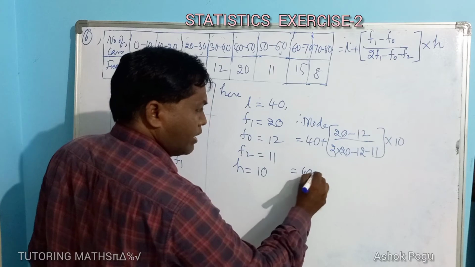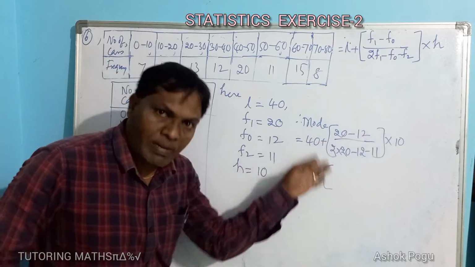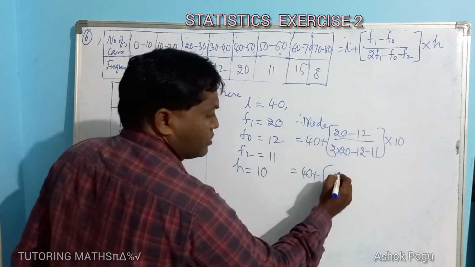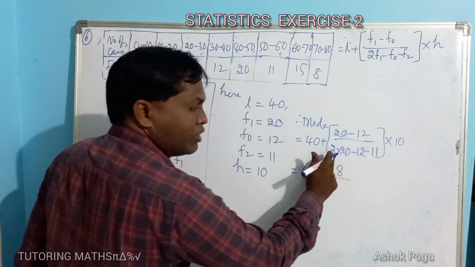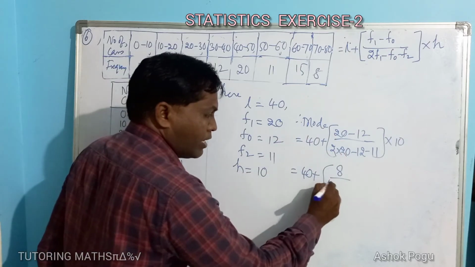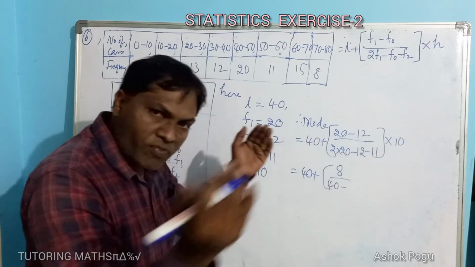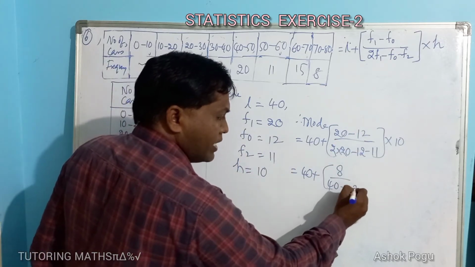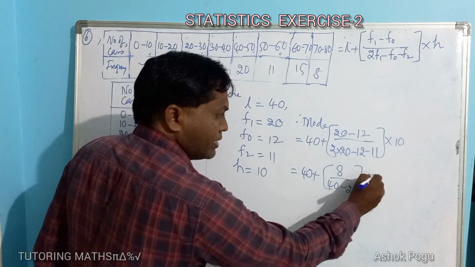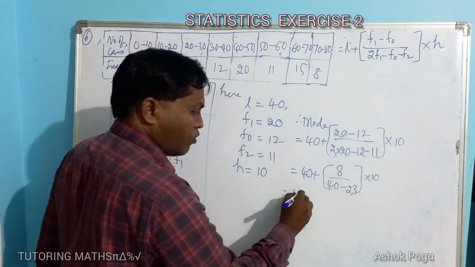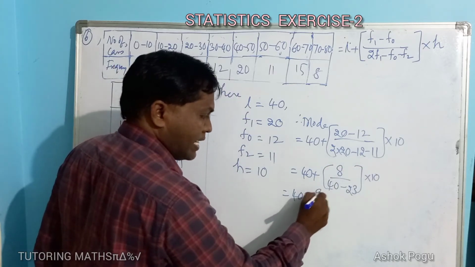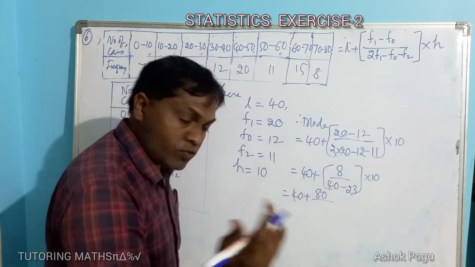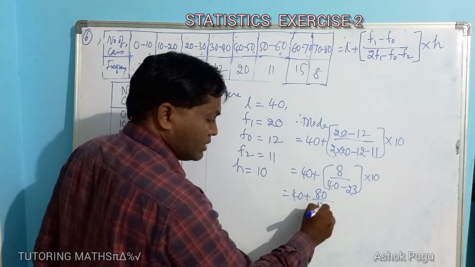Yes, 40 plus, simplify the bracket first. 20 minus 12 is 8. Twice 20 is 40. 40 minus 12 minus 11, just find the sum of the two numbers, which is 23. Now it is 40 plus 8 tens are 80, by 40 minus 23, that gives 17.